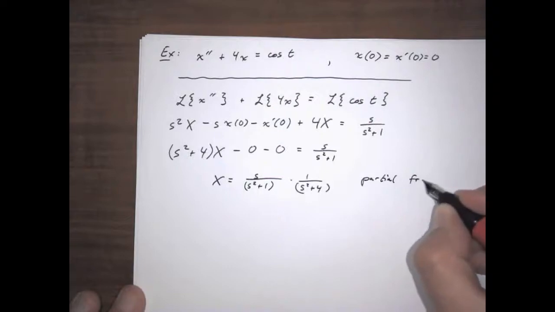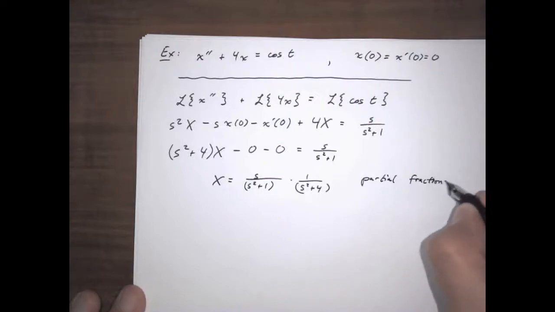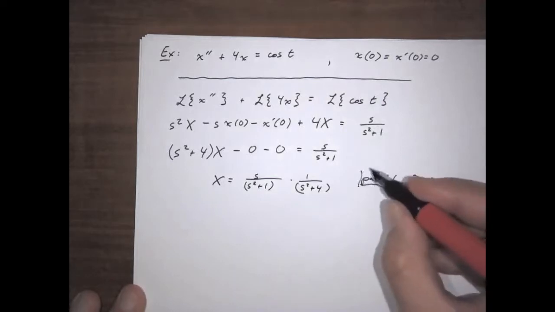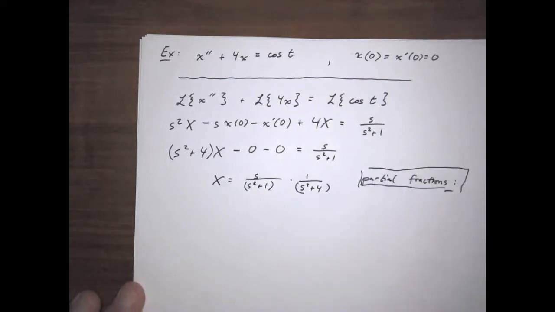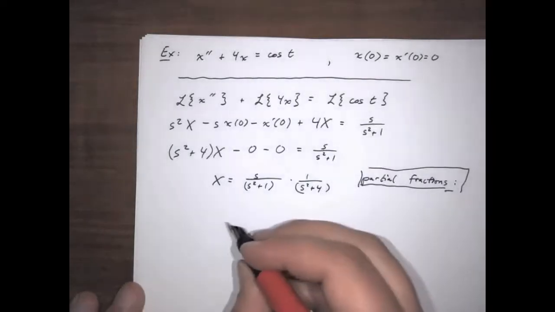However, it gets a little bit hairy in this particular case because we have degree 2 irreducible polynomials on the bottom, so that makes it a little bit more complicated.